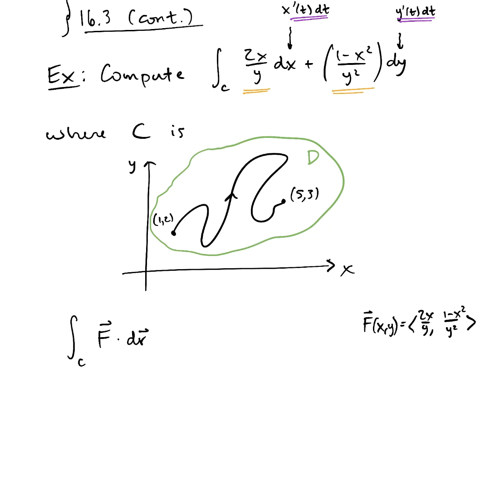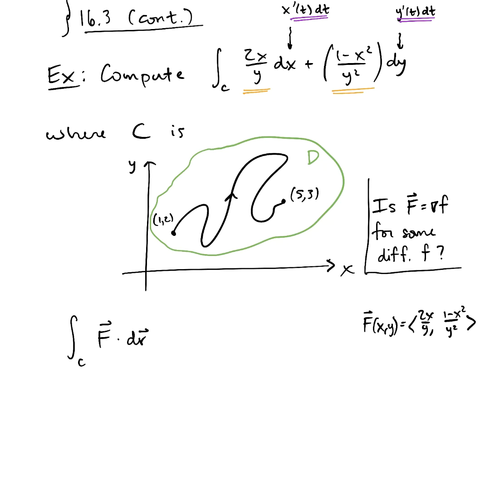So the question now becomes, is F somebody's gradient? Is big F equal to the gradient of little f for some differentiable function, little f? So we have this question.